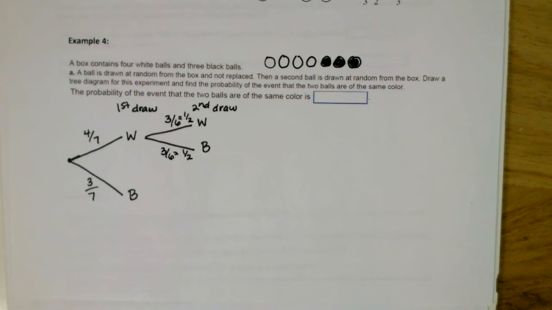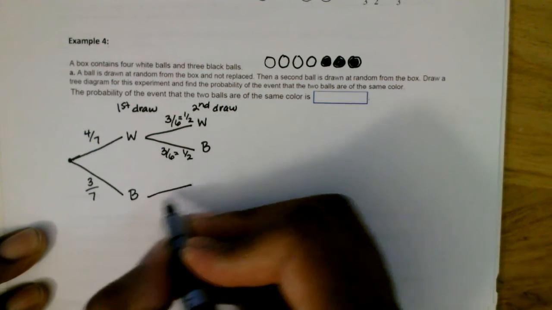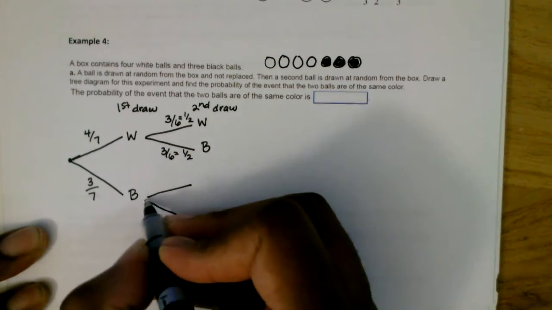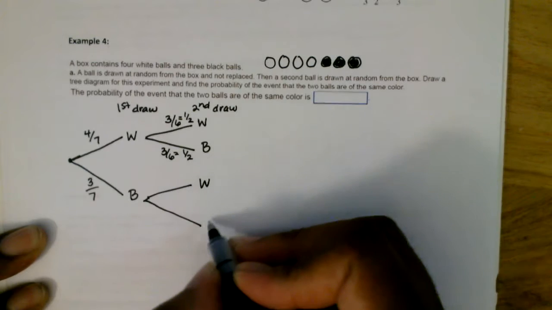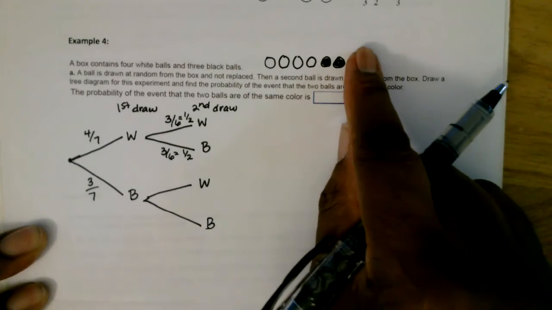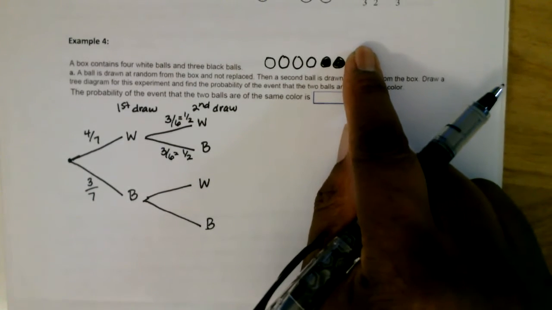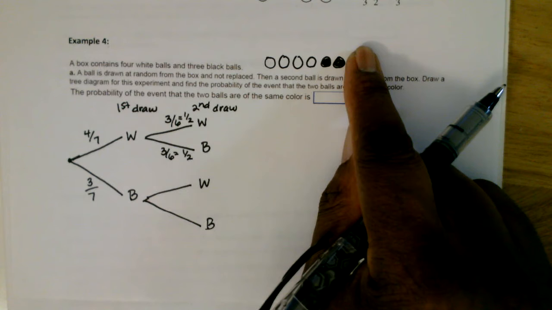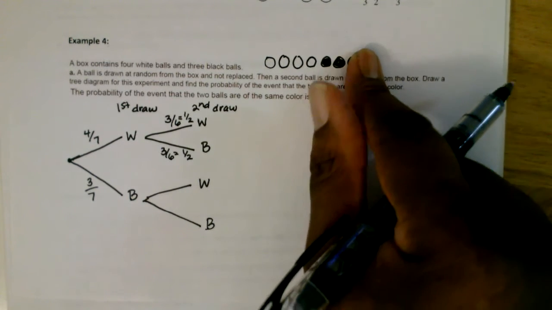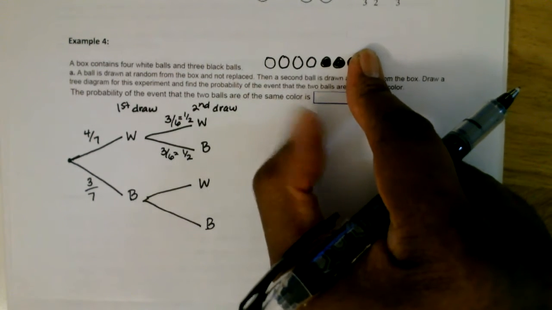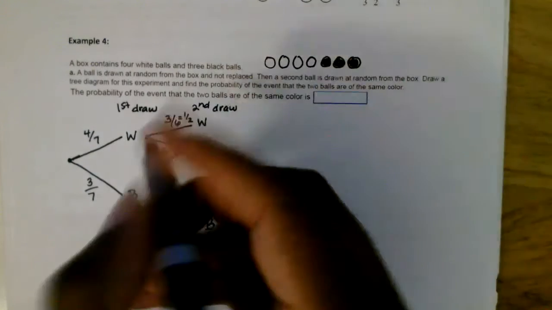Now, let's say on the first draw, we drew a black ball out of the box. So on the second draw, it could be white or black, but I know that I've drawn a black ball out of the box. My sample size has dropped from 7 to 6. And how many white balls do I have left to draw from? This time it is 4.